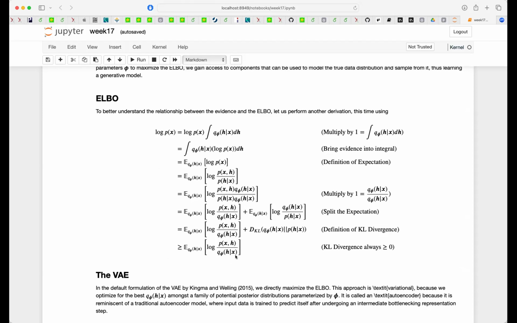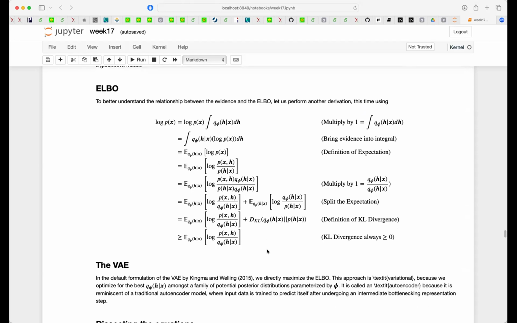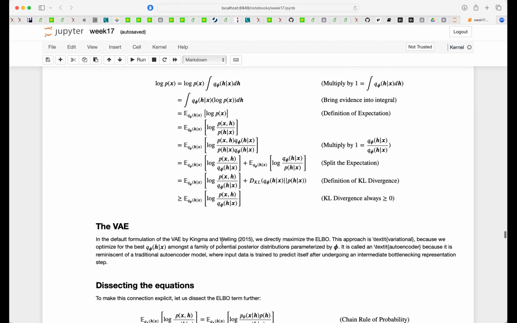This is also called in the literature the evidence lower bound. You will often find that one. And this follows a formulation by Kingma and Welling, who introduced the variational autoencoders back in 2015.